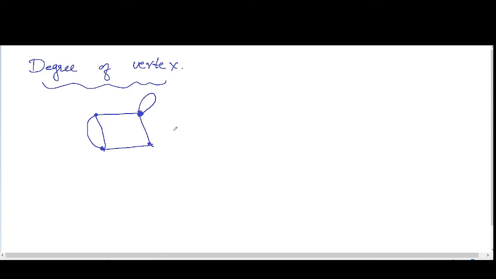Degree of a vertex means the number of edges incident with a vertex. Here suppose this is our vertex V1, this is V2, this is V3 and this is V4.